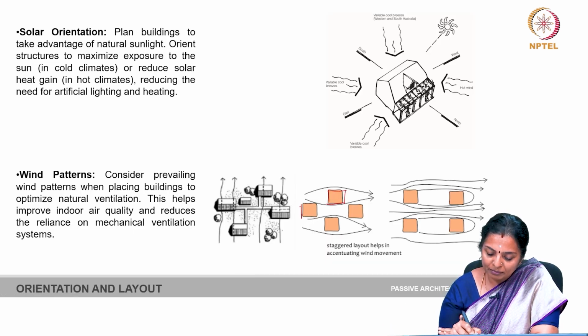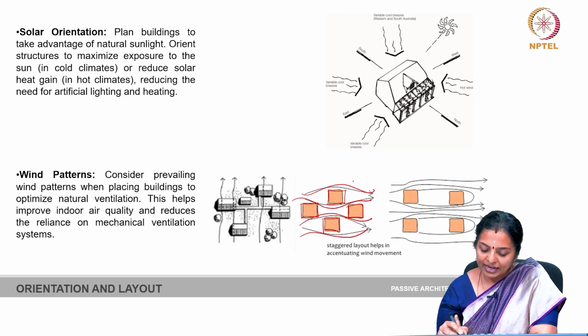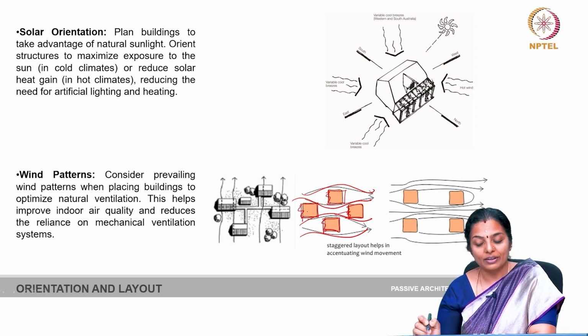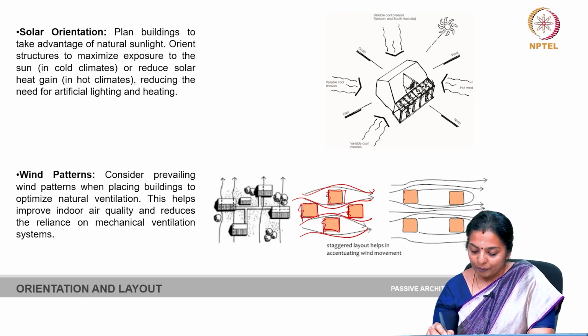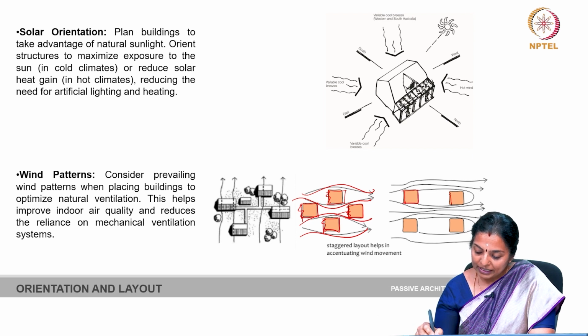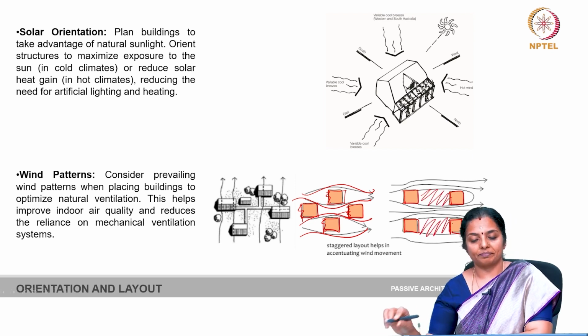If the buildings are staggered, the wind seamlessly flows around them and hence all the rooms get the benefit of ventilation. When the buildings are not staggered but are in file, it causes a small wind shadow region.